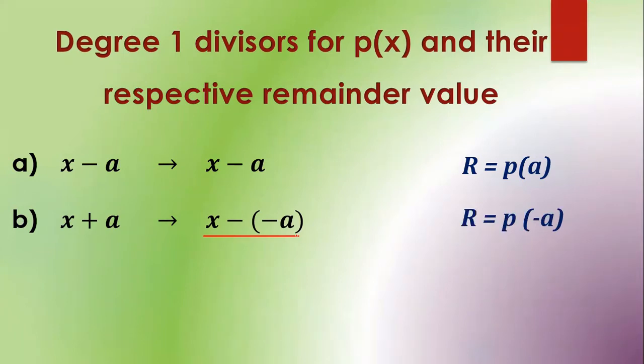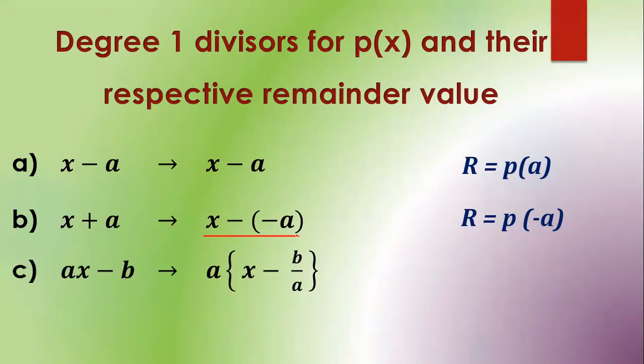Now let's see the third form of the divisor. If the divisor is in the form ax minus b, then it can also be written in terms of the standard form, that is a times (x minus b by a). In this case, when the divisor is in the form ax minus b, the value of the remainder would be p(b by a).